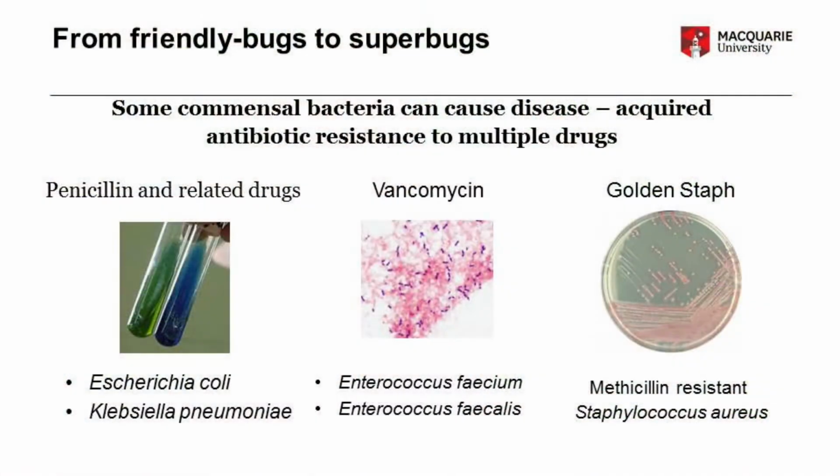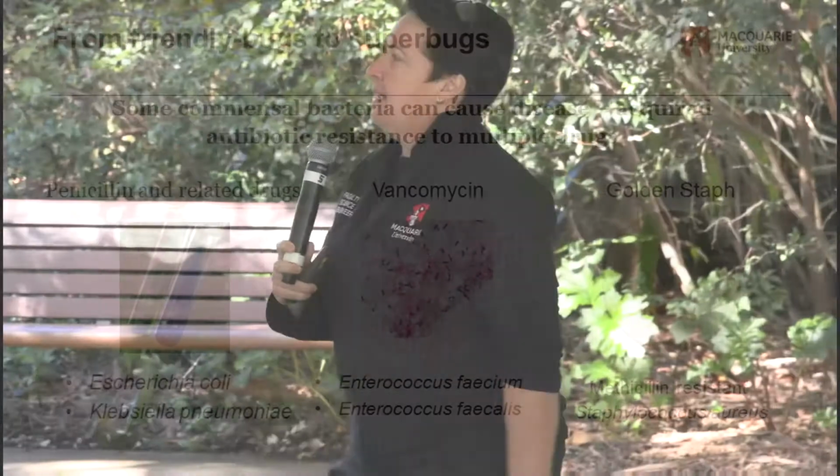And so what we're now seeing is the friendly bacteria that live inside us, things like E. coli that's in all our guts and quite common across different animal species, including us, now have acquired the ability to resist antibiotics. So the friendly bacteria now can cause disease, okay, or some of the friendly bacteria, not all of them.